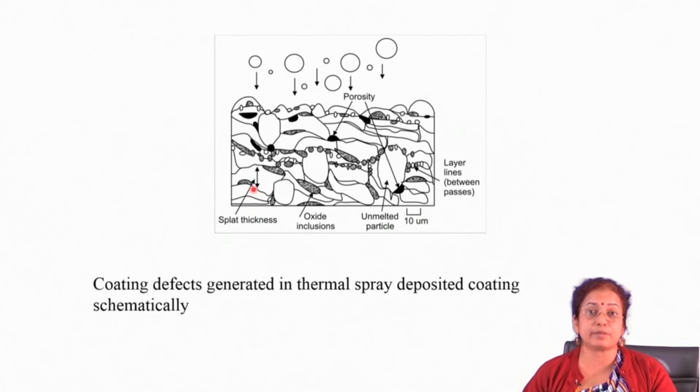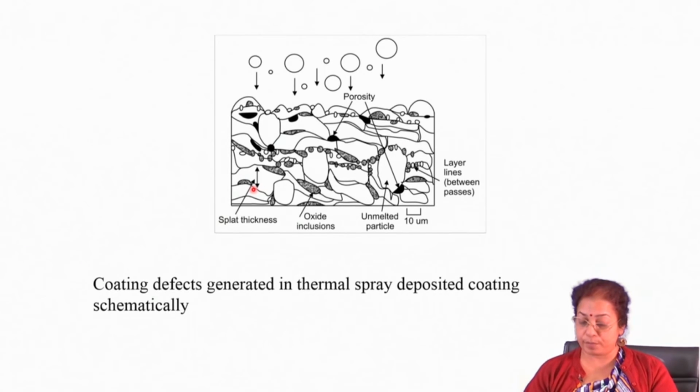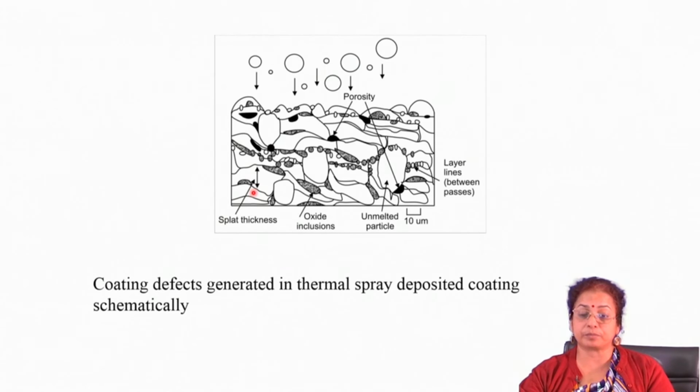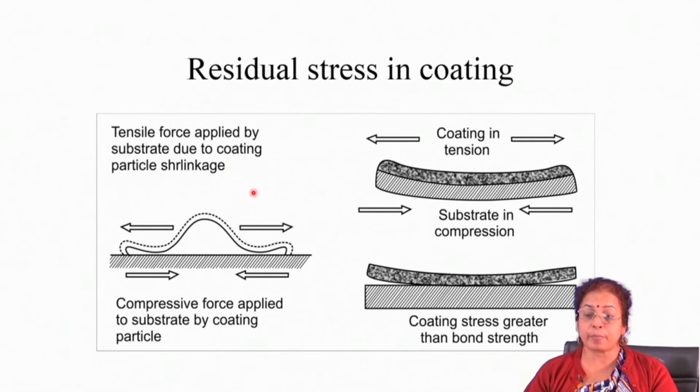But with a thicker splat, there will be more chance of coring or segregation effect, and a lower rate of heat flow or cooling, as a result of which there will be a chance of microstructural coarsening. So, splat thickness is very important. These are again some of the defects generated in the thermal spray deposited layer.